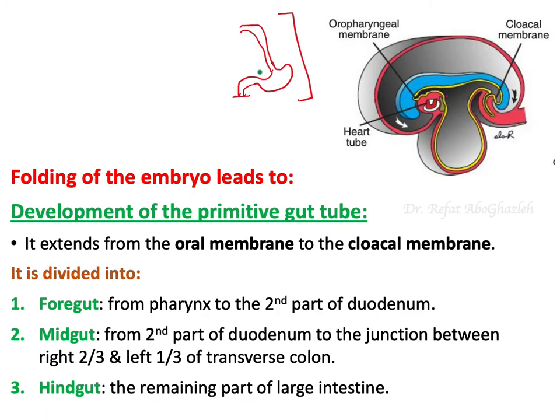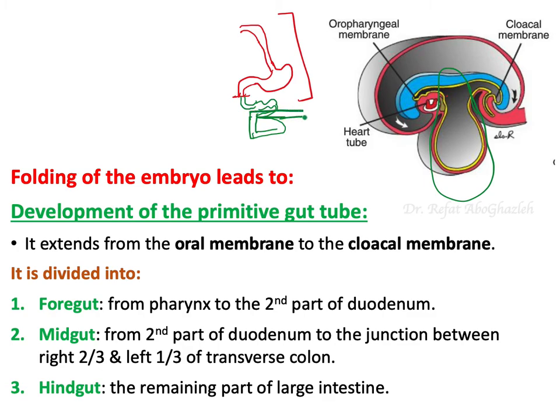Now, what about the midgut that you see here, still extended with the yolk sac? It extends from the second part of the duodenum, and of course the small intestine, jejunum and ileum, then the large intestine, ascending colon, transverse colon, but not all the transverse colon.